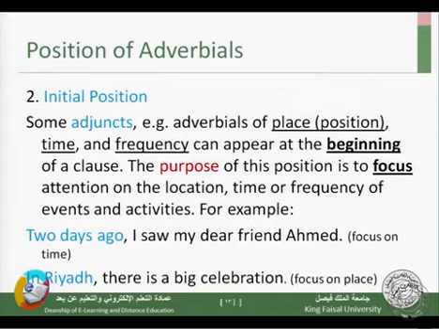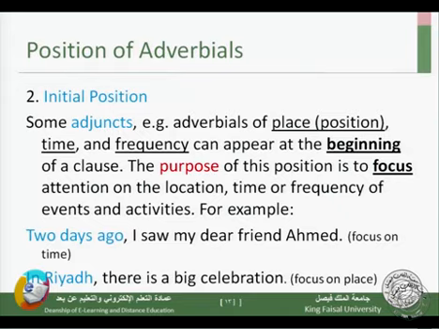The reason for this position is to draw the attention, to focus attention on certain information in the sentence. So the speaker might want the listener to focus on the location when he uses the adverbial of place at the beginning of the clause, or the time when he uses the adverbial of time at the beginning of the clause, or the frequency when he uses the adverbial of frequency at the beginning of the clause.